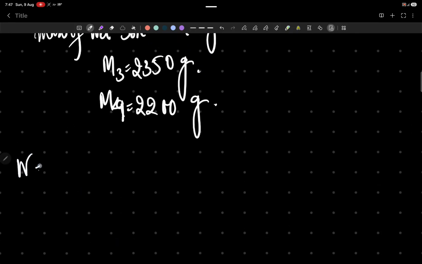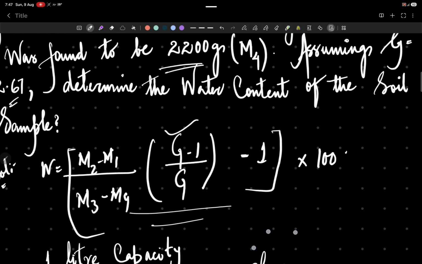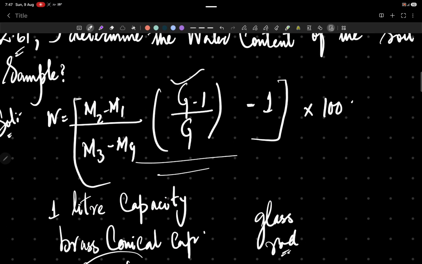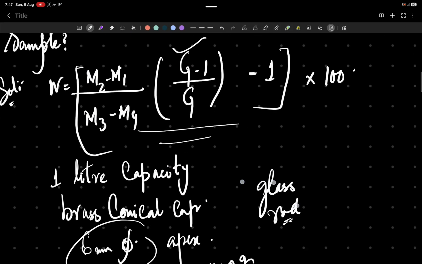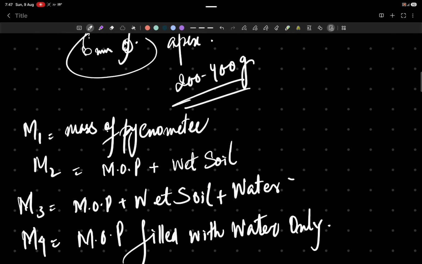Water content is given by, see again, M2 minus M1 is in the numerator only, and M2 is mass of picnometer plus wet soil, and M1 is mass of picnometer. We have not been given M1 and M2 separately, but rather, same as the previous question, we have been given the mass of the wet soil. That means M2 minus M1 will become mass of picnometer plus wet soil minus mass of picnometer.